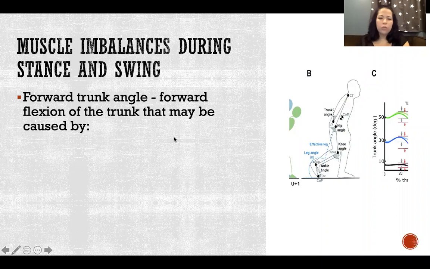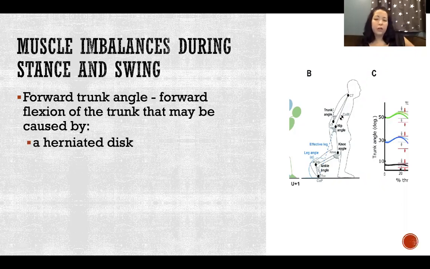Okay, a forward trunk angle, so that's forward flexion of the trunk, could be caused by herniated discs, where essentially with a herniated disc or some kind of spinal injury, we might lean our center of mass forward so that the center of mass isn't going down through the spine. In a normal healthy spine, we're designed to have the center of mass and the force go through the spine and for it to be stacked so that it can tolerate the forces.